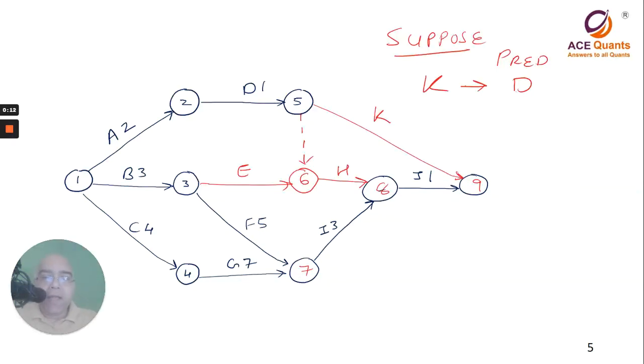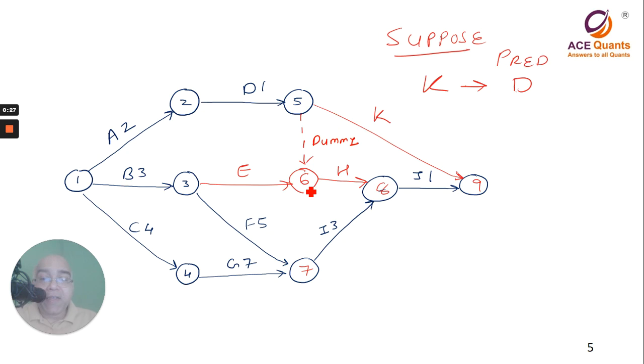Now look at the diagram. Activity K depends only on D, yes. Activity H depends on completion of D and E. Now D is completed at 5, but the dotted line dummy is going to show that at 6, D has also completed.